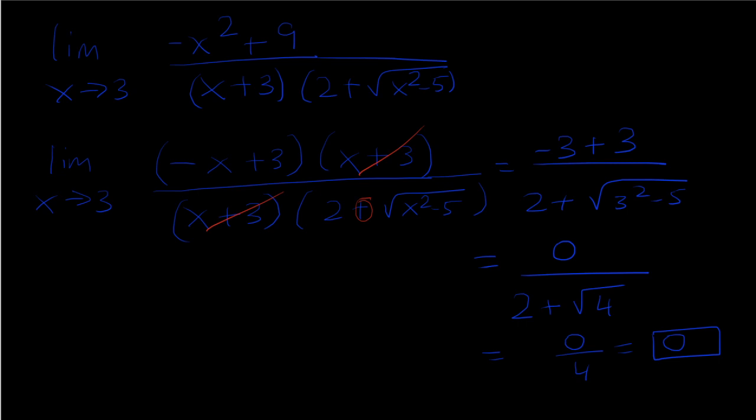Okay, let's try a similar one, and we'll finish up with this. Given the limit as x approaches 4 of negative, oh sorry, not negative. We have positive 4 minus x over 5 minus the square root of x squared plus 9.